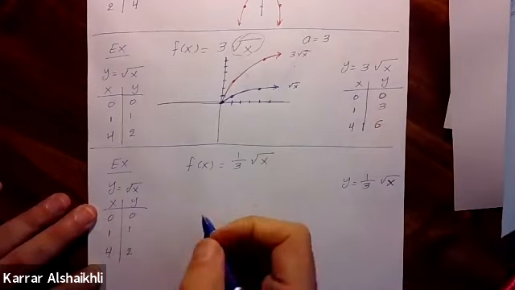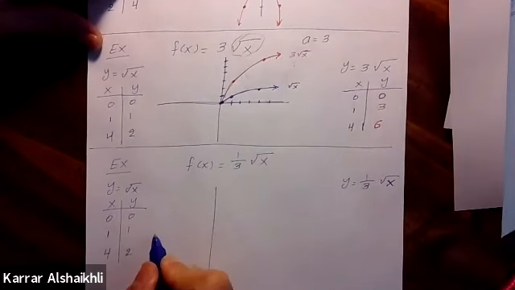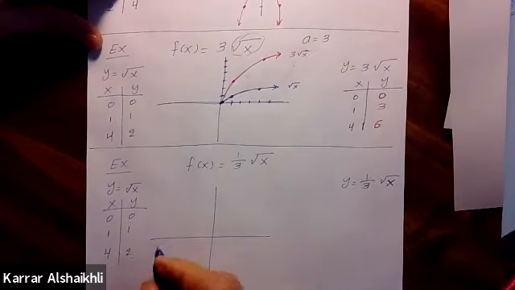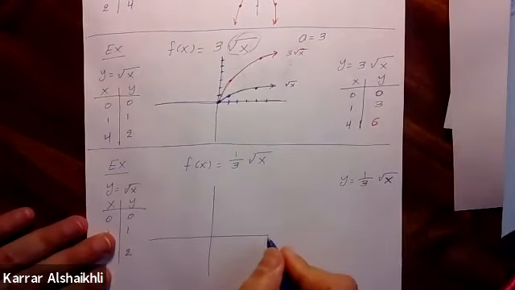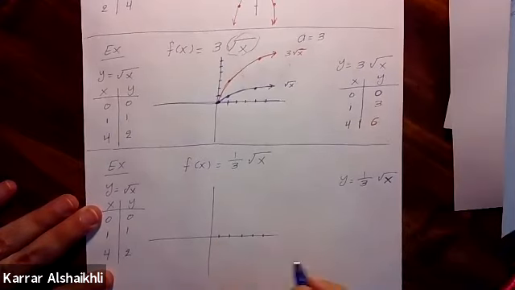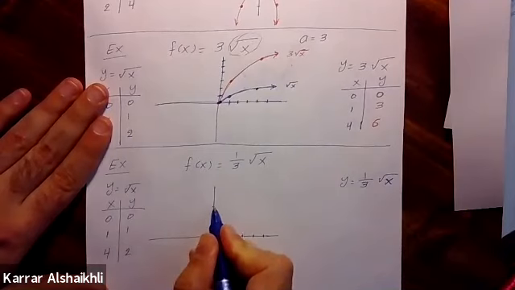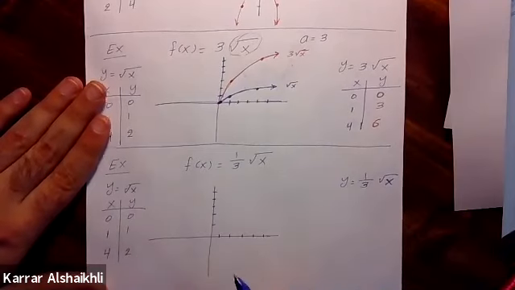So these points are going to be the graph of 1, 2, 3, 4, 5. 1, 2, 3, 4, 5.